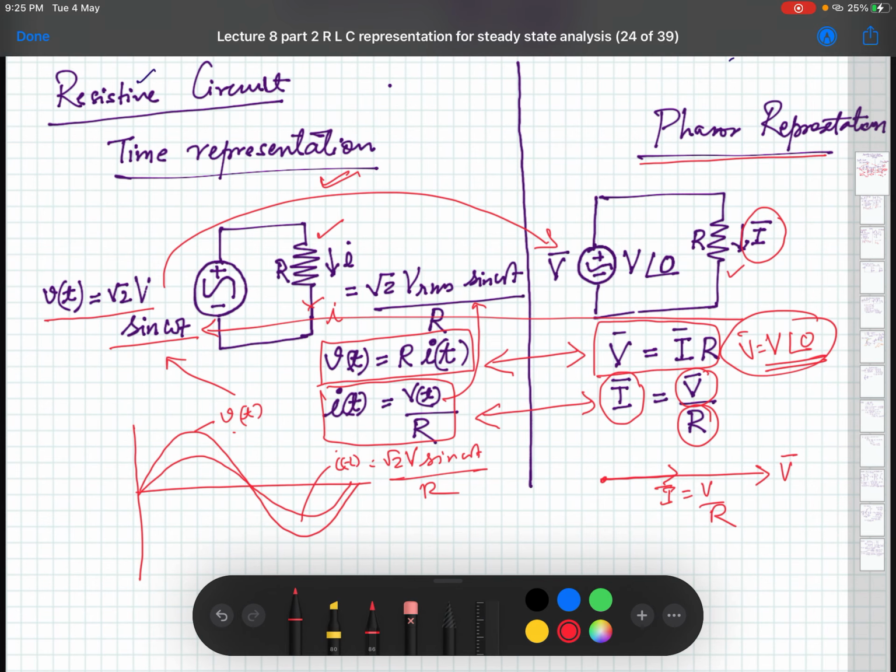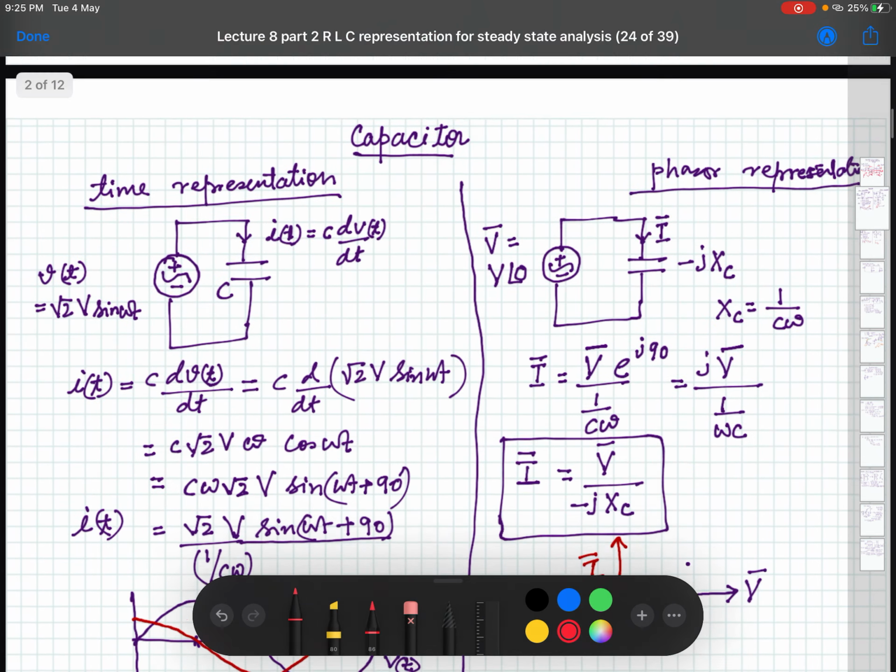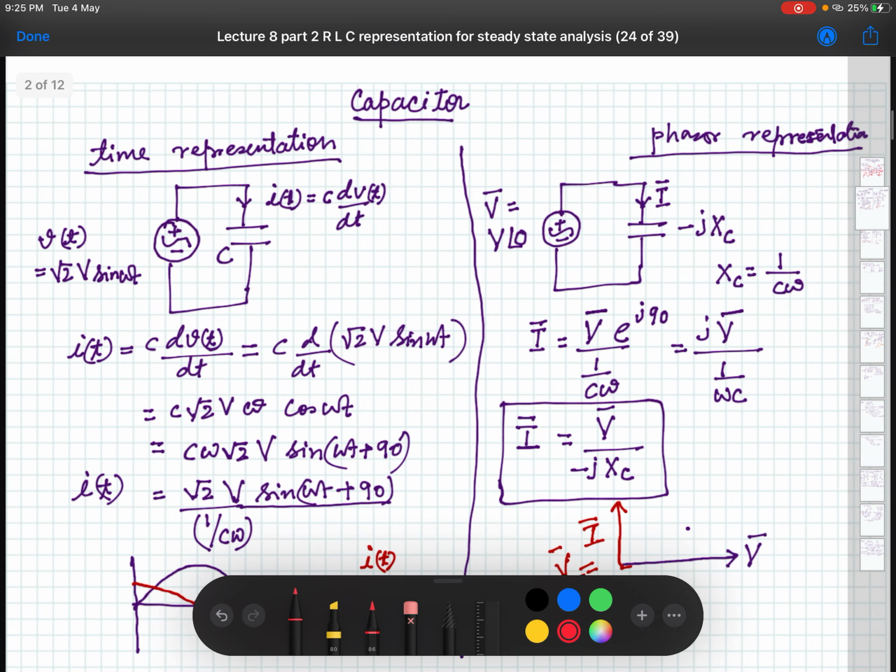Now let us go to the other circuit elements. The other circuit element we are going to see now is the capacitor. This is the same time representation v(t), that is the source, and this is the capacitor C. We know that in a capacitor the current and voltage relation is i = C dv/dt.